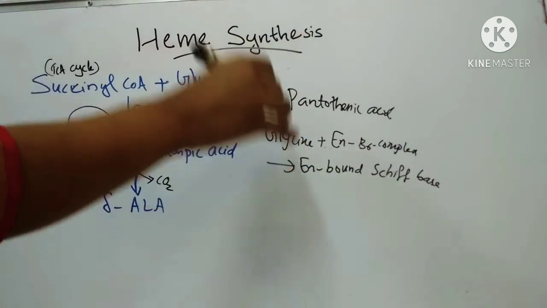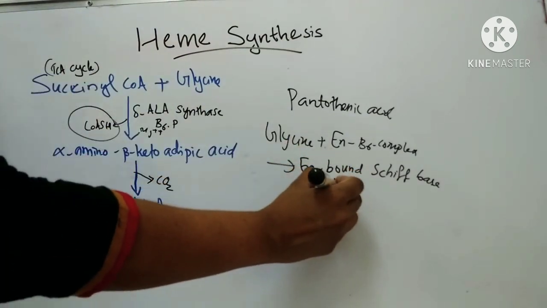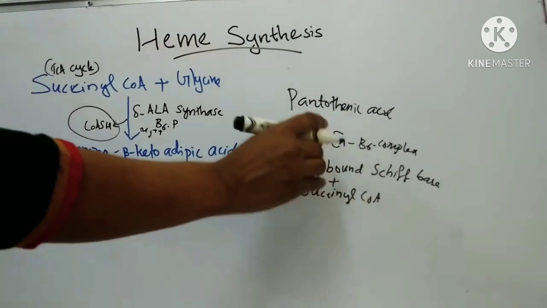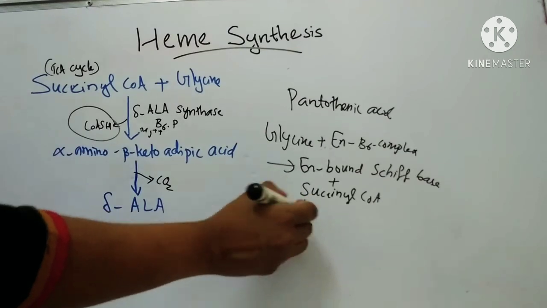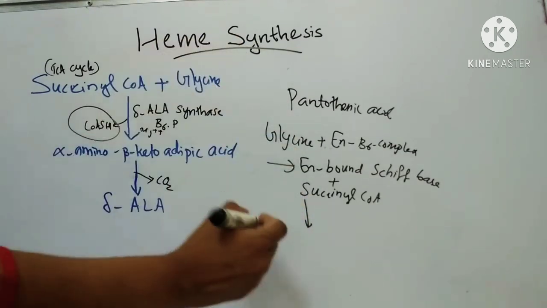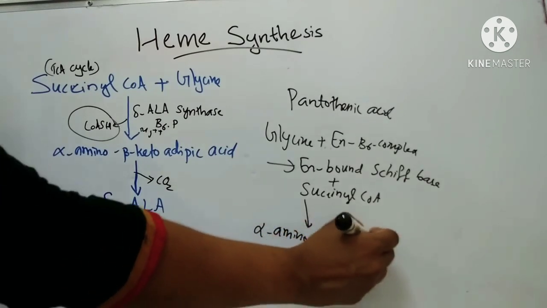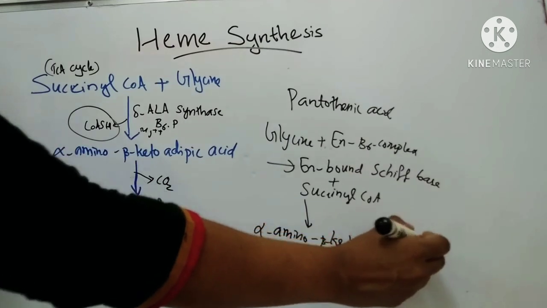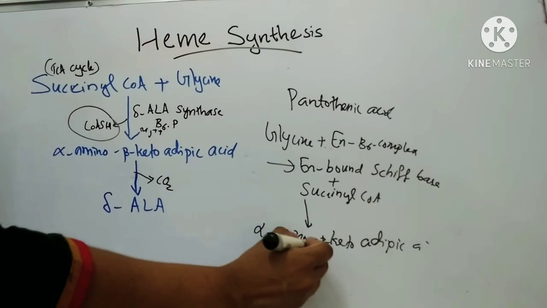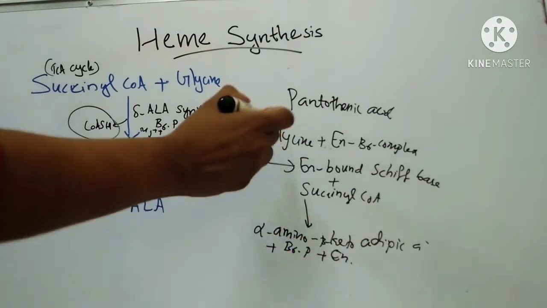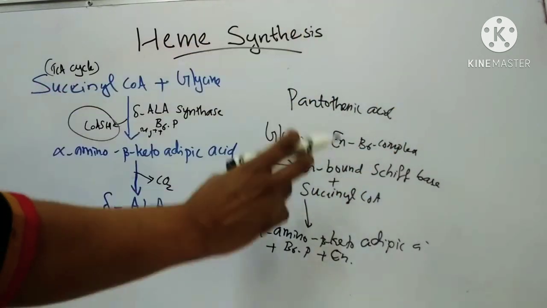This enzyme bound Schiff base then condenses with succinyl-CoA to form a ternary complex. This ternary complex contains alpha amino beta keto adipic acid, B6-phosphate plus enzyme.